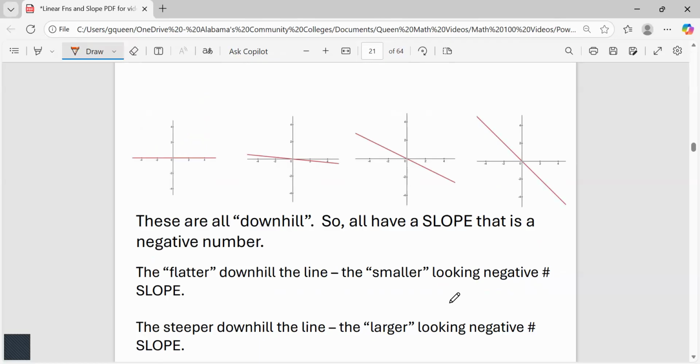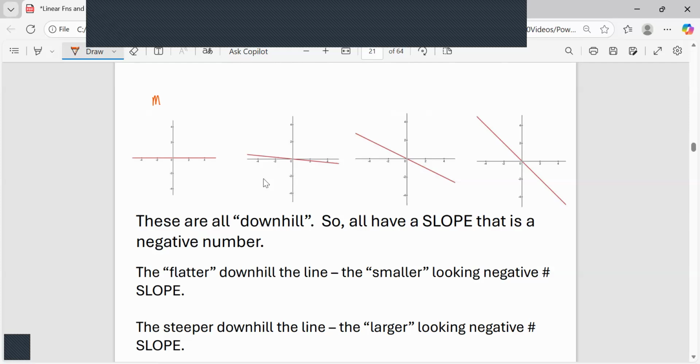And so we're going to start here at the 0. So the first line here is a 0 slope line. It is horizontal. And if my line were to begin to tilt downhill, then I would have a negative number for the slope.